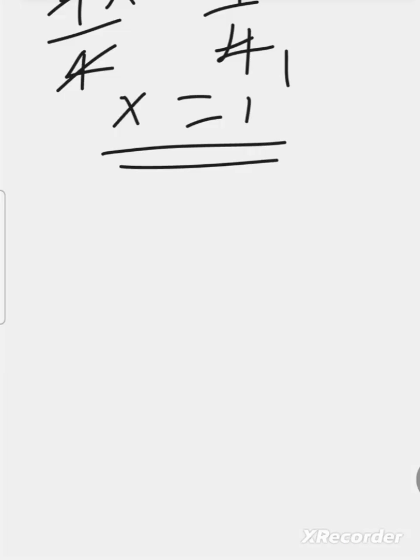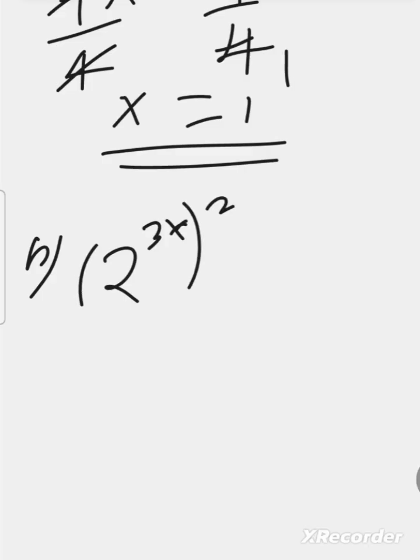Example 2, in this area, we'll have part B of our example 2. So part B, we have 2 raised to 3x, everything is squared, and this is equated to 4096.